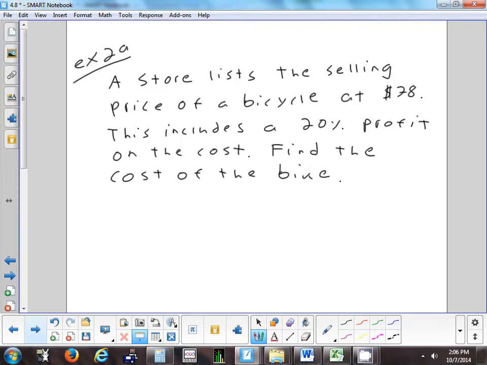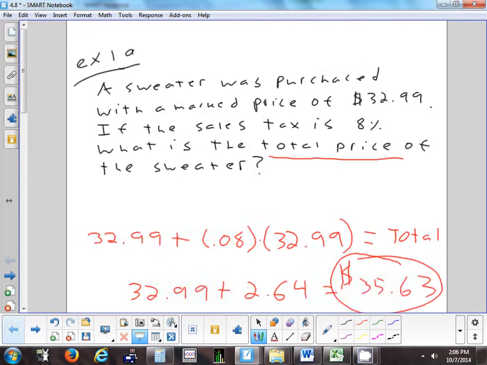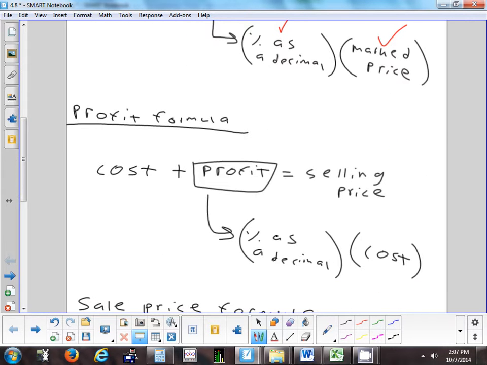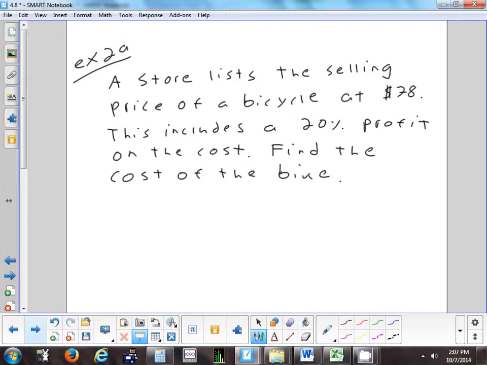Right, so let's fill in what we know. Okay, let's look at the formula. Cost plus profit equals selling price.